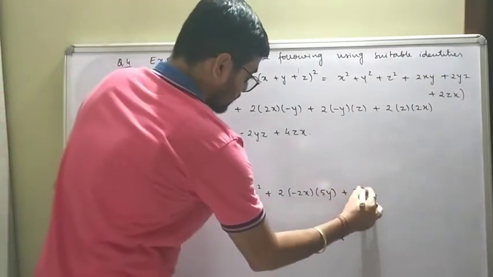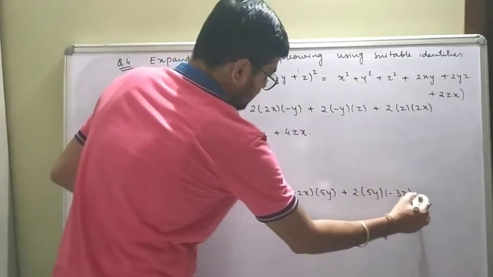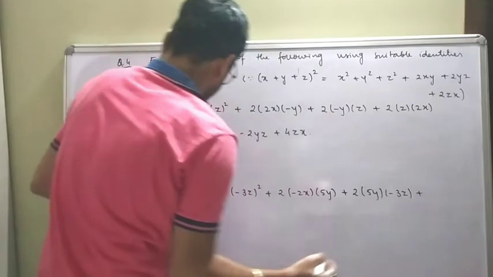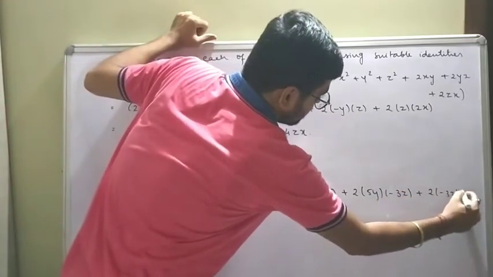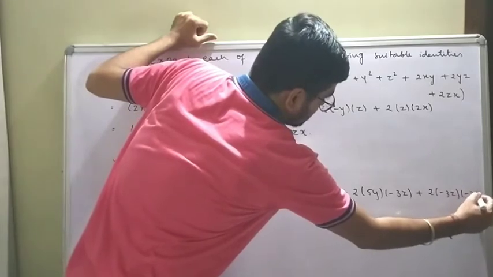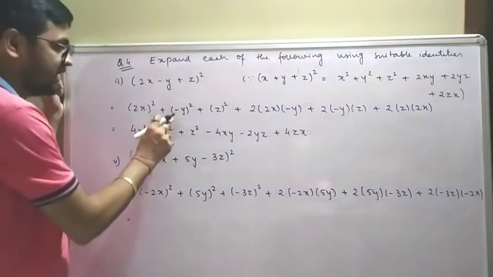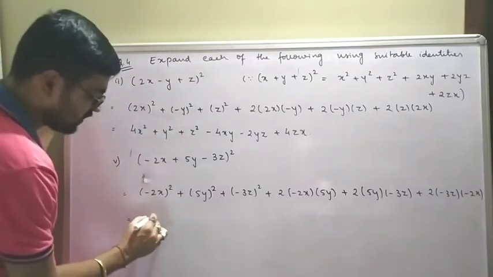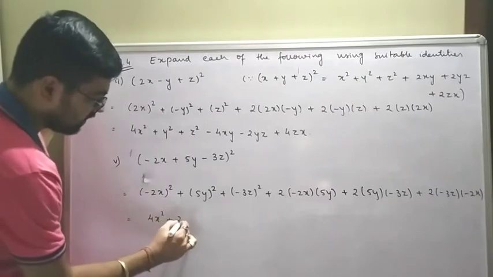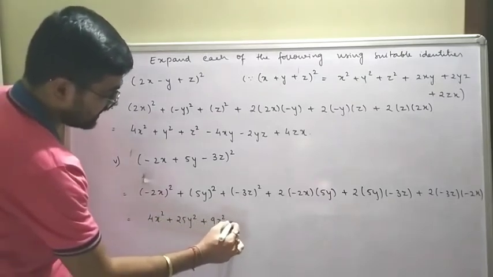So plus twice 5y into minus 3z plus twice of minus 3z and minus 2x. So again, minus 2 square will be plus 4x square, 5 is 25y square, 3 is 9z square.